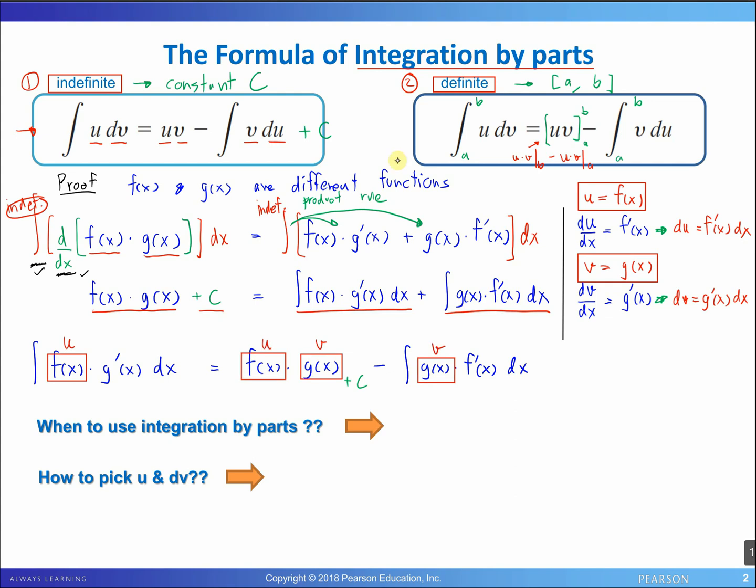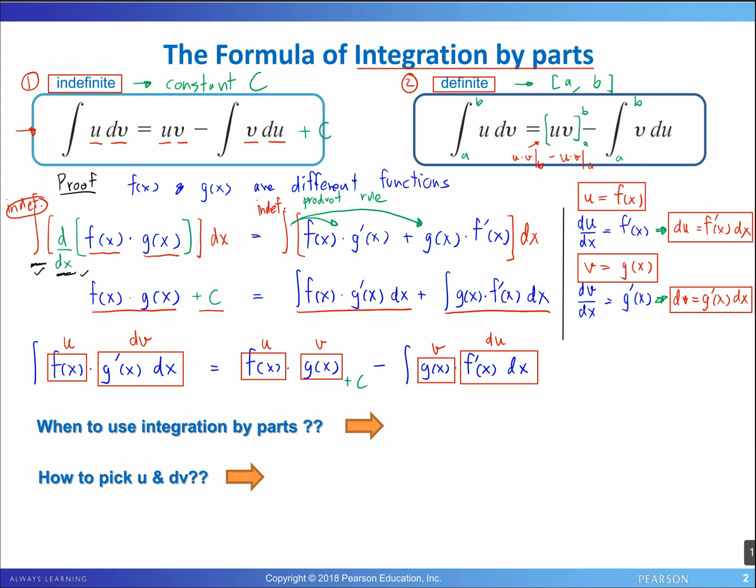We also know that dv is equal to g prime of x dx. And I can see these terms right here, g prime of x dx. So I can use dv right here. And now last one, we know that du is equal to f prime of x dx. And we can see these terms down here on the right-hand side, f prime of x dx. So we can use du right here.